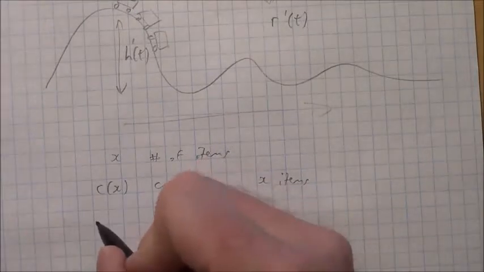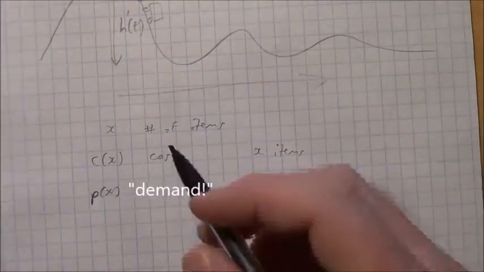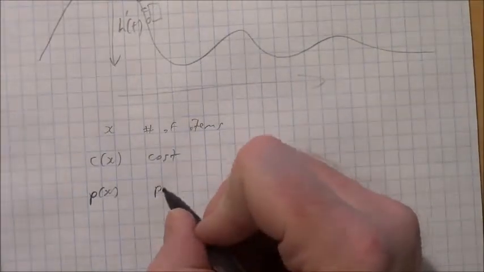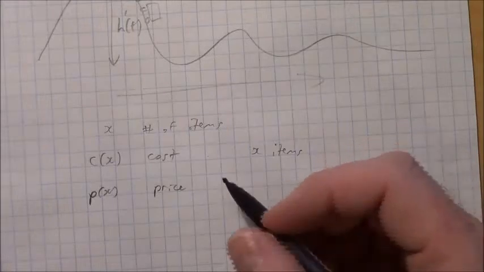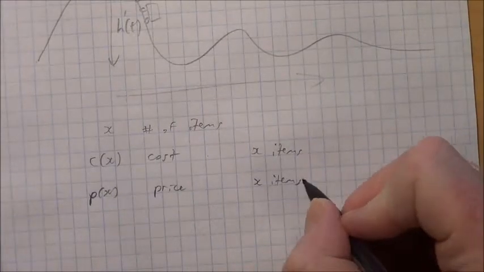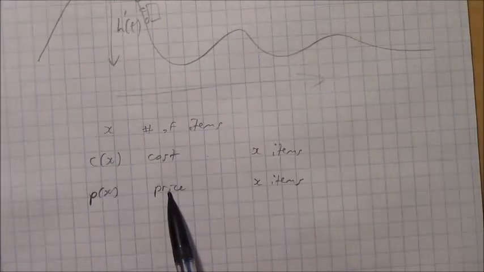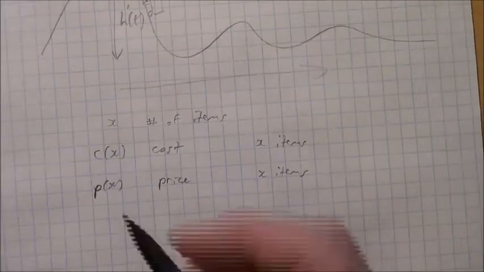We look at lowercase p of x, that's the demand function or the price function. So this is the selling price per item for producing x items. They call that the demand function, but it's more or less the price function.